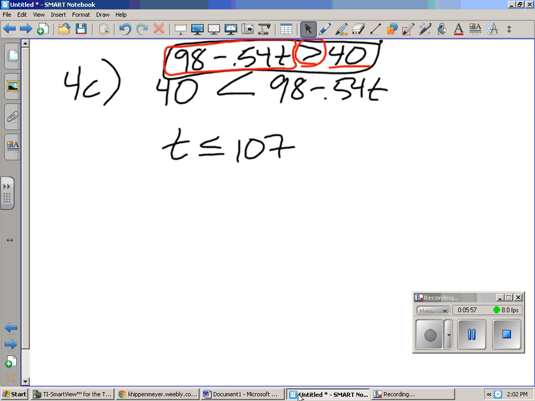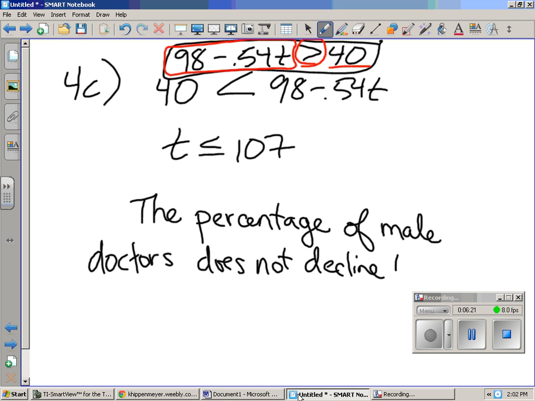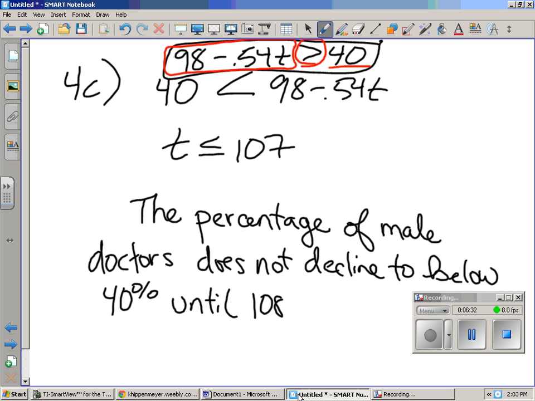So we go to write our sentence, and we'll say the percentage of male doctors does not decline to below 40% until 108 years after 1960.